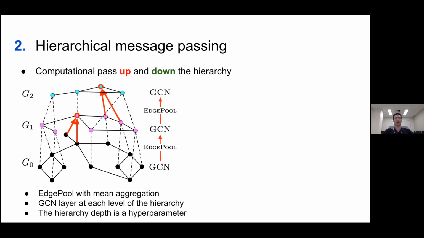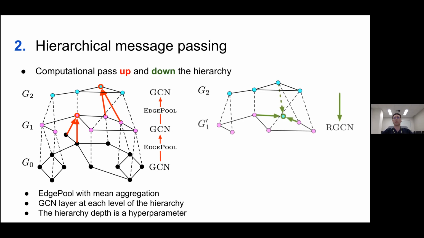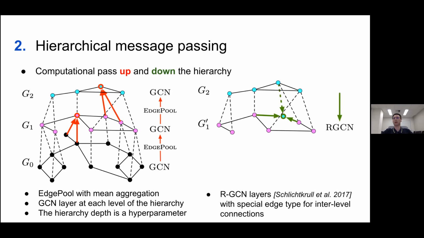And this way we go up the hierarchy, and then we go downwards in the downward computational path, where we use a relational graph convolutional neural network, where we treat the edges coming from the cluster representation, here that's the dotted line from the parent node, as a special type of edge.